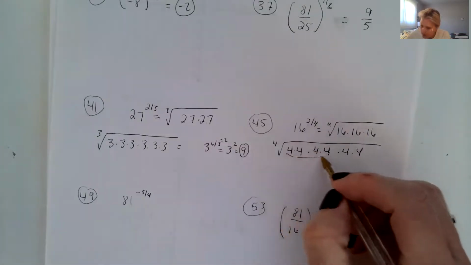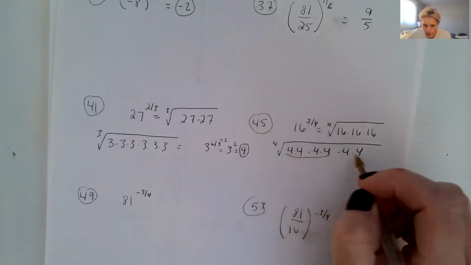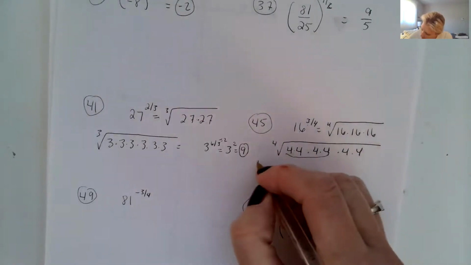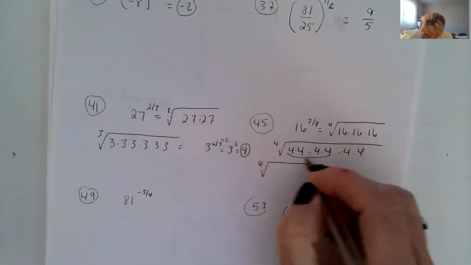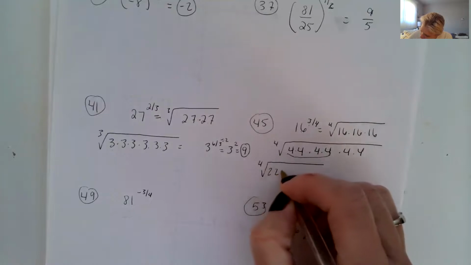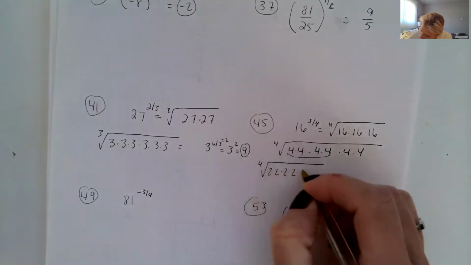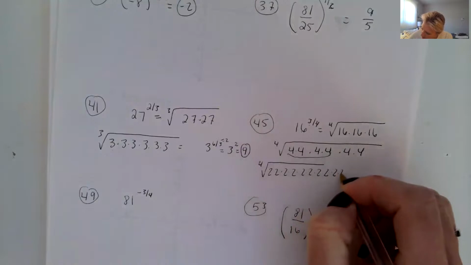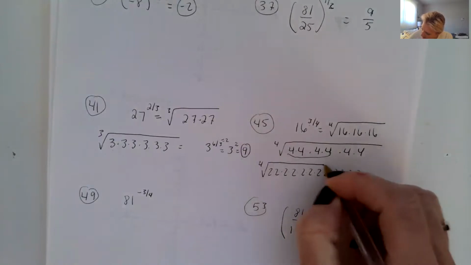So I've only got one group of 4 there. So I'm going to break these down into 2s. So this is really 2 times 2 times 2 times 2 times 2 times 2 times 2 times 2 times 2 times 2 times 2 times 2.